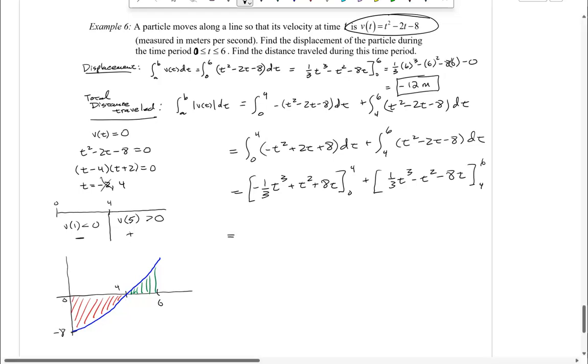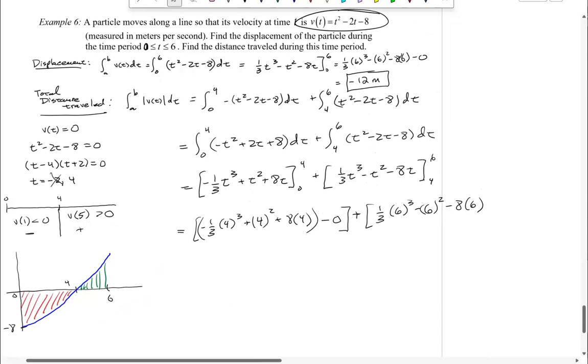From there, we're going to plug in our 4. So we get negative 1/3 times 4 to the third, plus 4 squared, plus 8 times 4. Then I'm going to subtract plugging in 0, which is just 0 in this case. To that, we add plugging in 6 to the second antiderivative.